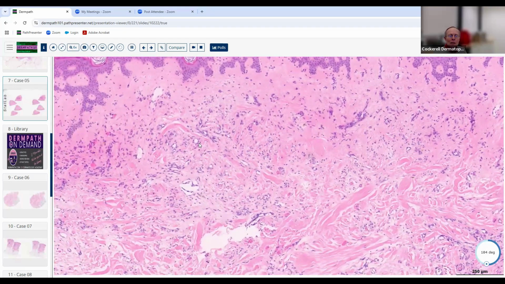And that's known as reactive angioendotheliomatosis, often seen in association with patients that have large pendulous breasts. They may have some underlying stimulus of some sort. A lot of them have a history of smoking. So what we think is going on here is that there's a compromise to the blood flow, and it's almost analogous to stasis dermatitis or stasis vascular proliferation that we see in the lower extremities.